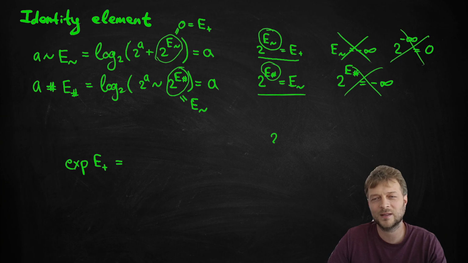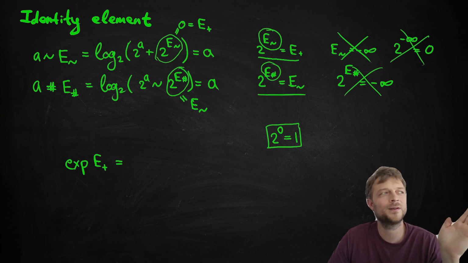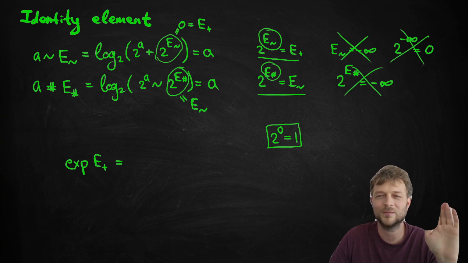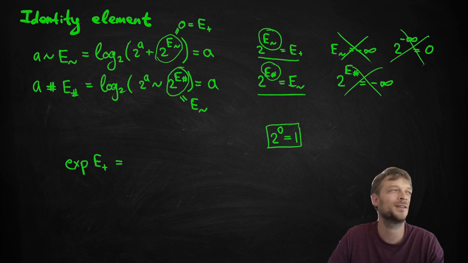So we have 2 to the power 0 equal to 1. That's from classical mathematics. But we often hear from books, from teachers, that this is by definition.